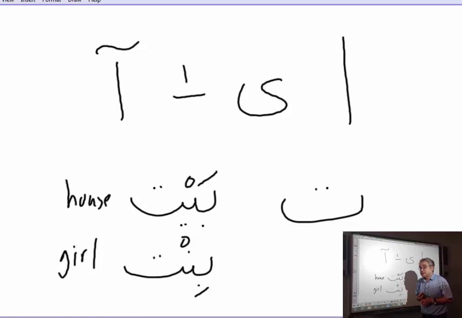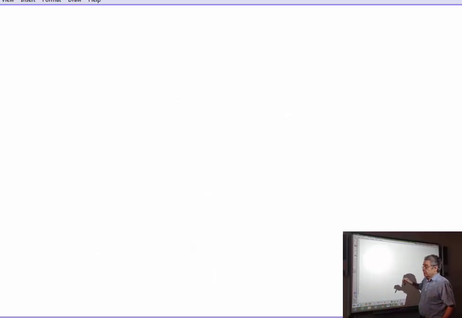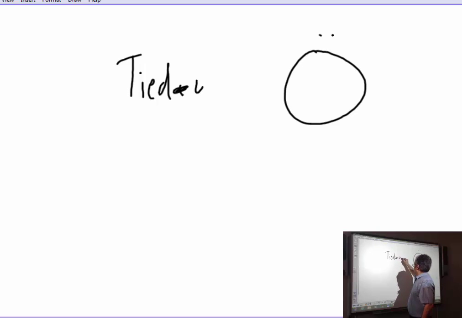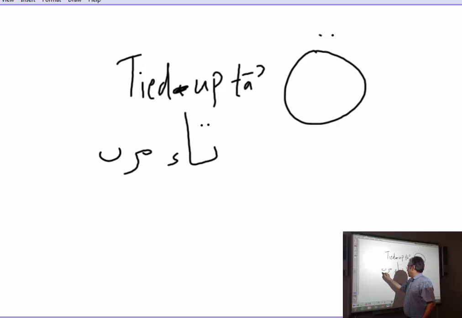But we can also see what we call Ta marbuta, or tied up Ta. Maybe you can see it in this way. That is called tied up Ta, or in Arabic Ta marbuta.